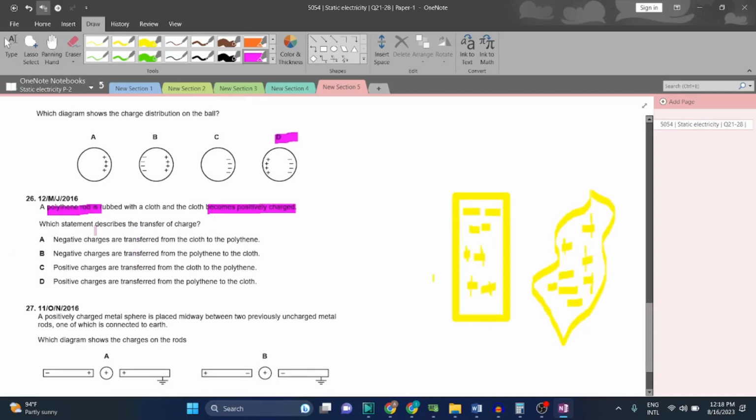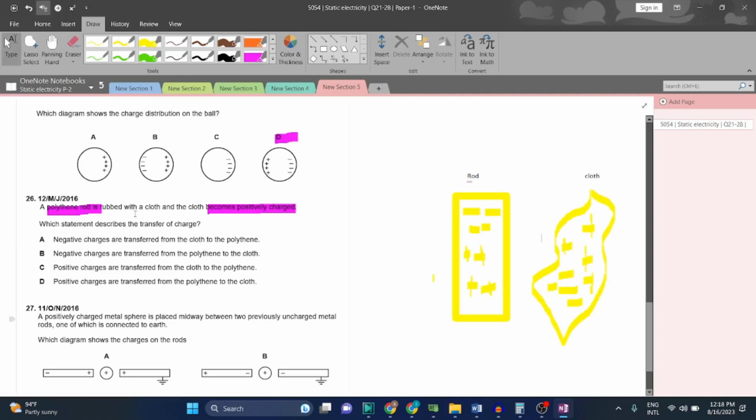Which statement describes the transfer of charge? I think we just did this. Polythene rod. Leave it, let's do it again. Actually I have already made the diagram. Let's see. First of all, they have told us that it is a polythene rod. This is the rod, for example. That is the rod and that is the cloth.